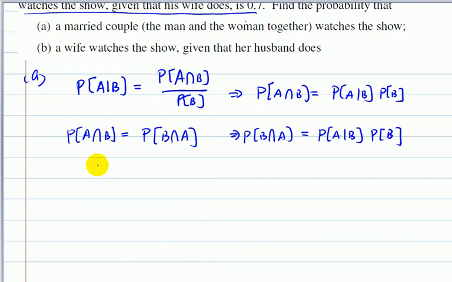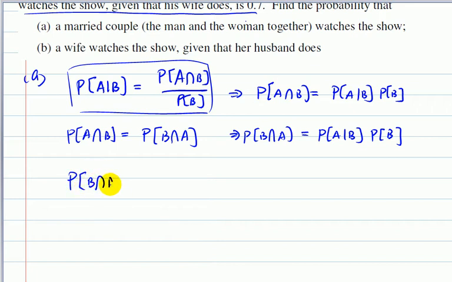The other thing is, if I look at this formula and switch the order of A and B, this also becomes P(B|A)P(A).